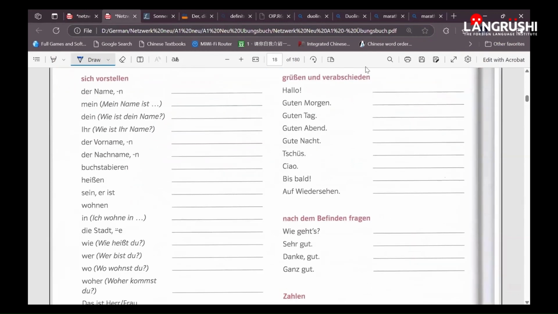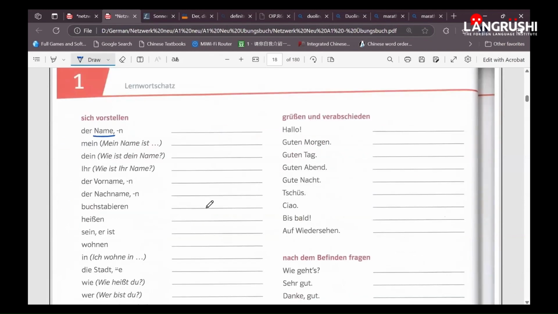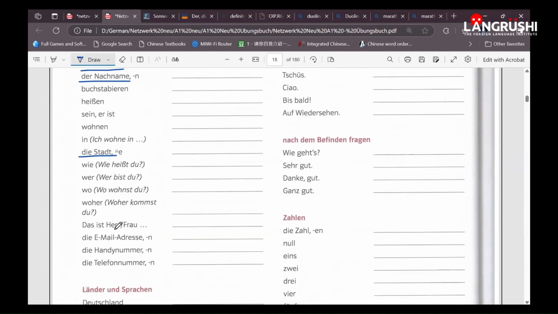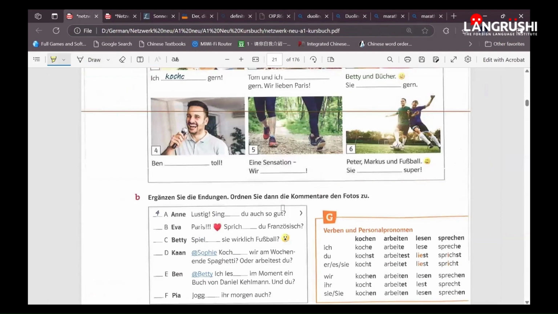If you go to chapter Eins at the last of the Übungsbuch, you will find der Name, der Vorname, der Nachname, die Stadt, die E-Mail-Adresse, die Handynummer, die Telefonnummer. And how all of this is connected with the grammar, I'll tell you. Now let me take you to the first chapter.